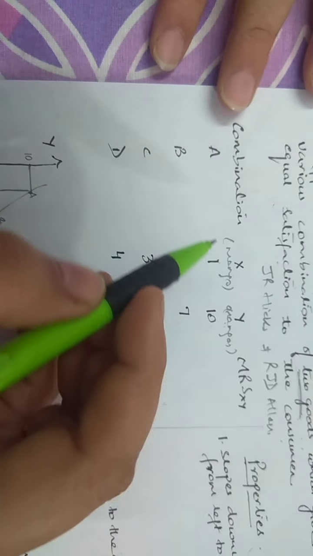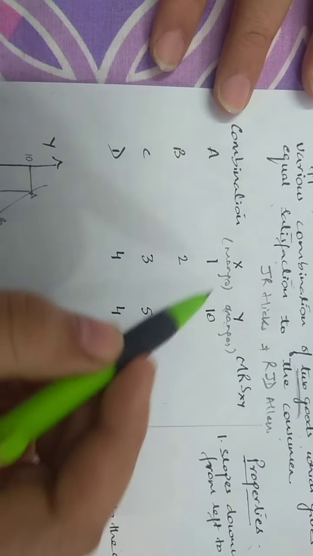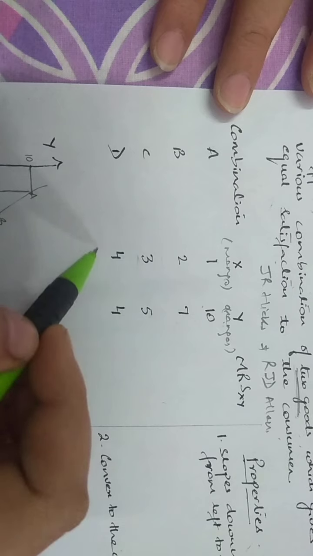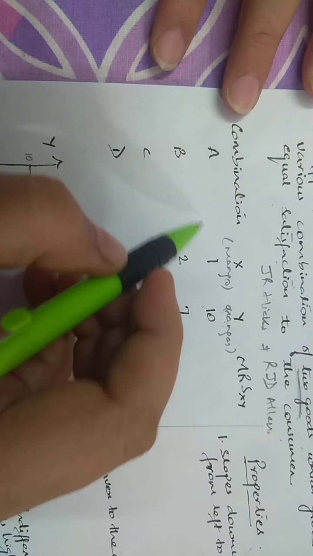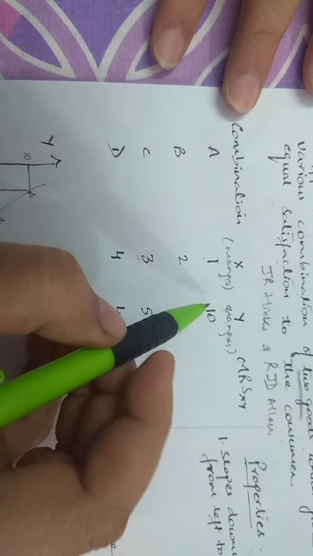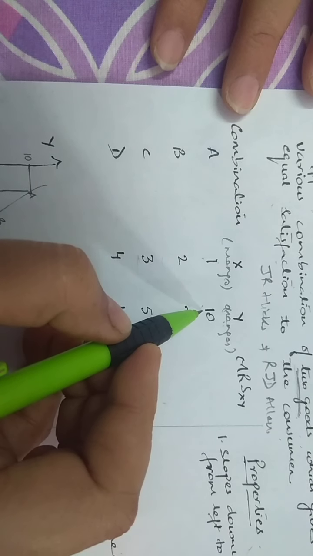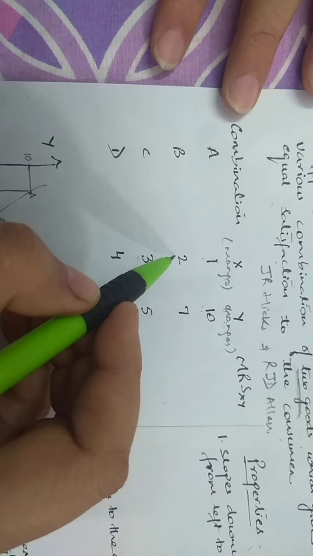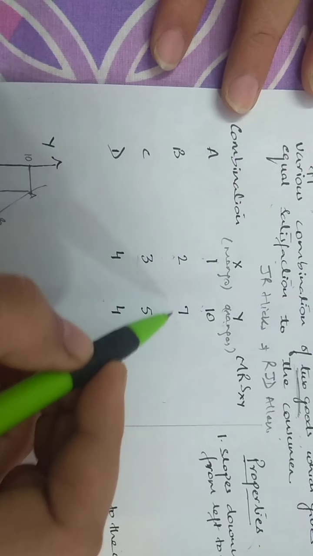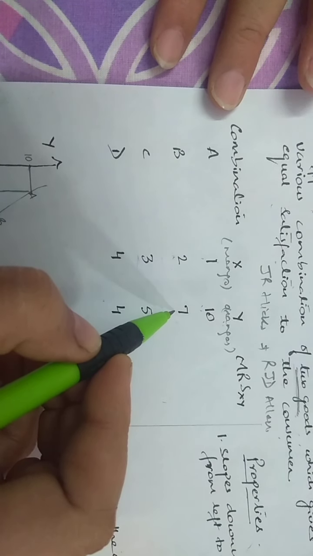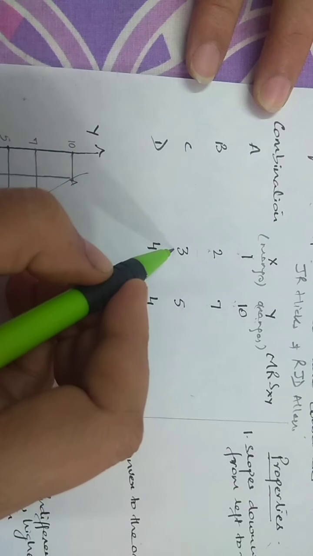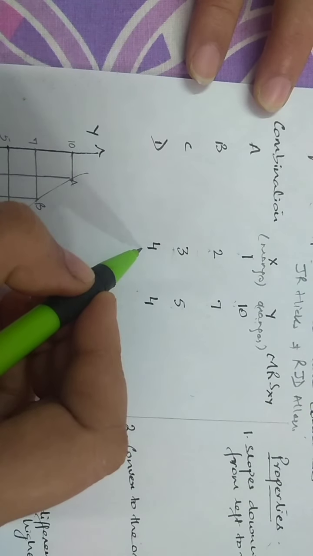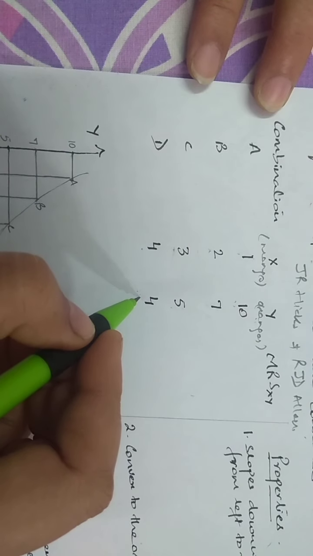Now, it says that all these combinations of X and Y will give the same satisfaction to the consumer. If a consumer is consuming 1 unit of mango and 10 units of oranges, he will get the same satisfaction if he consumes 2 units of mangoes and 7 units of oranges, or 3 units of mangoes and 5 units of oranges, or 4 units of mangoes and 4 units of oranges.